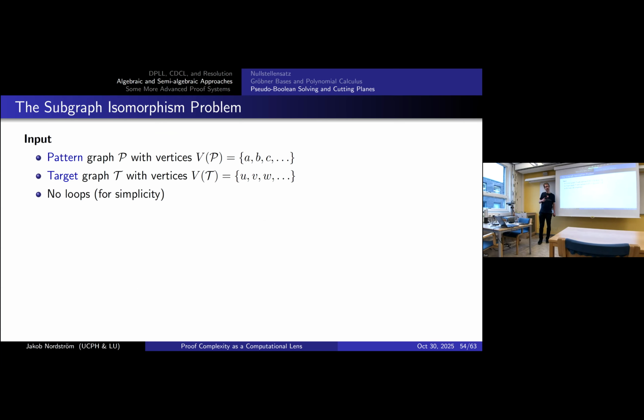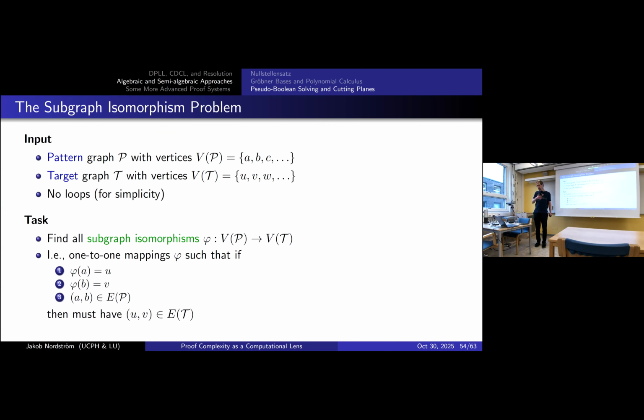Another interesting question, if we go beyond clique to a more general subgraph isomorphism problem: I have a pattern graph, and I want to know if the pattern graph P embeds isomorphically into the target graph T. The clique problem is just when P is a clique. So in general, what does it mean as a subgraph isomorphism?